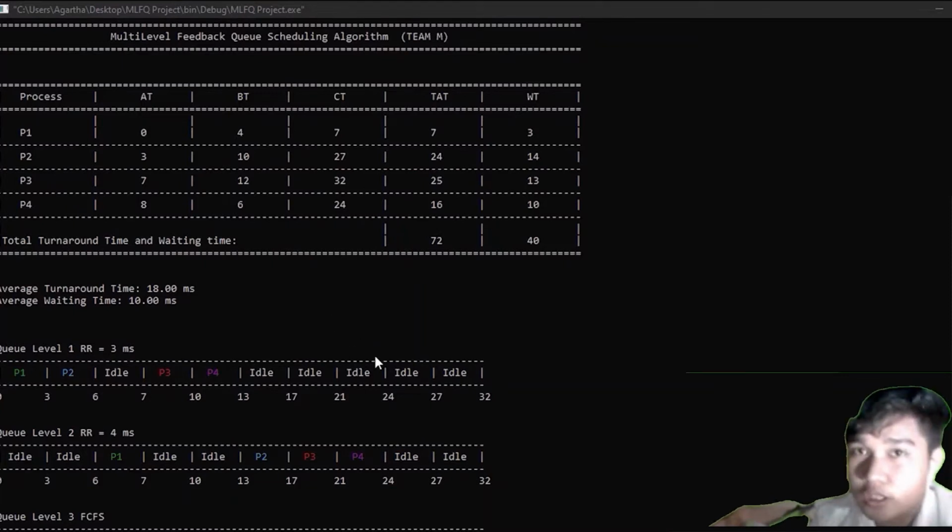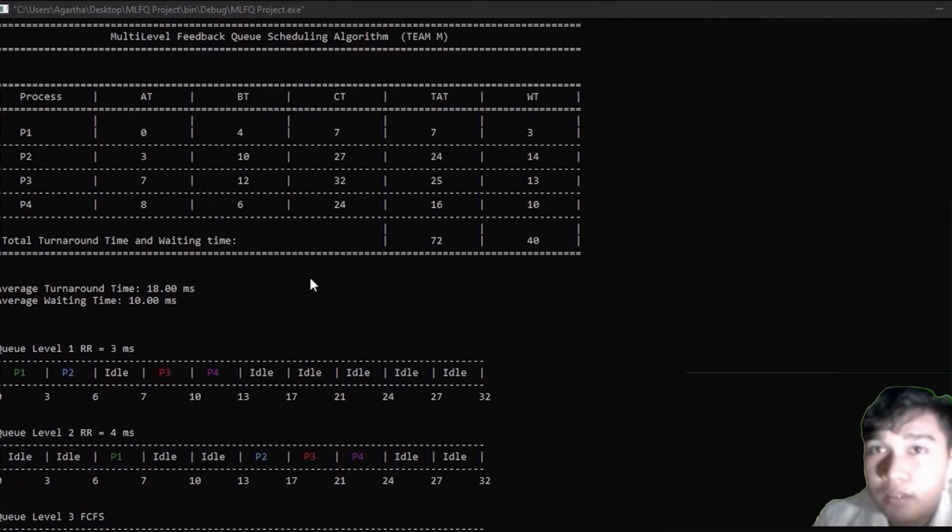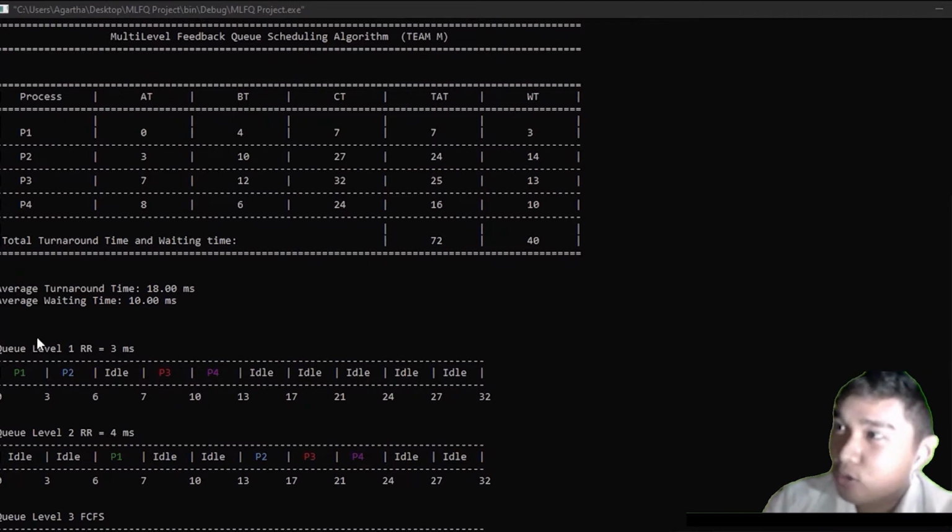So this program sorted based on the arrival time to know which process is executed first in queue level 1. As you can see, P1 was the first process to be executed since P1 has the arrival time of 0, and it is the shortest arrival time of all processes.